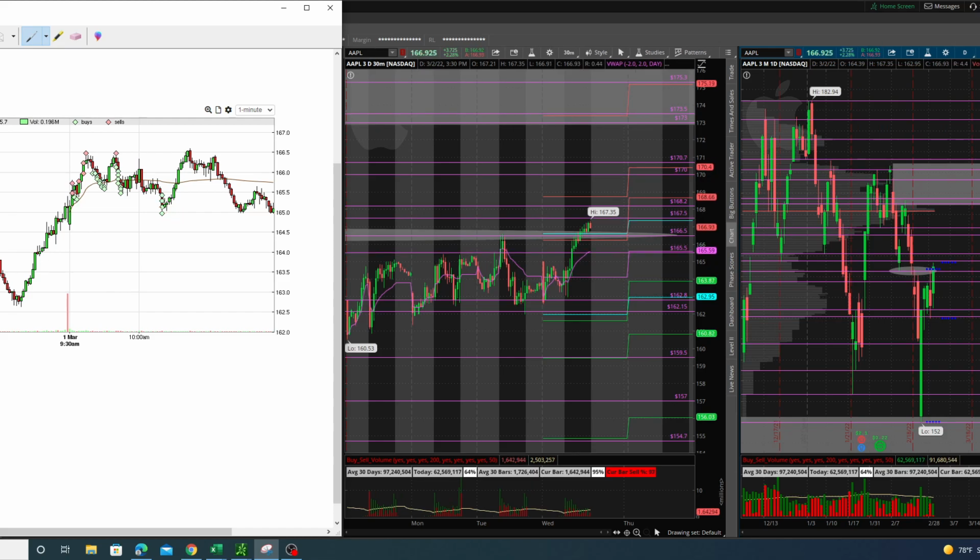I took profits at 164.98, thinking that we could potentially find some buying support at this 165 round number. Sure enough, we did. At this point, I had made enough money off of this original trade to be comfortable for the day, relax.